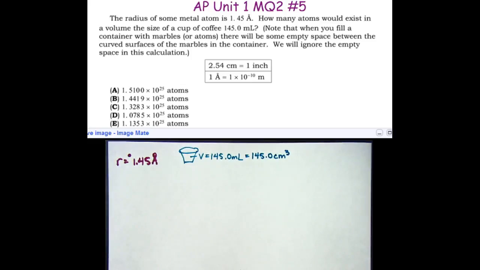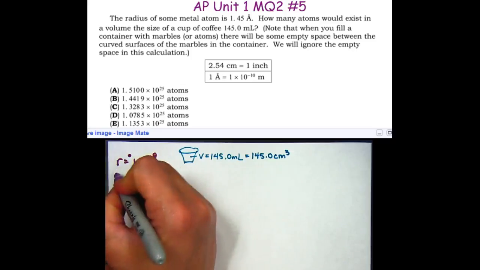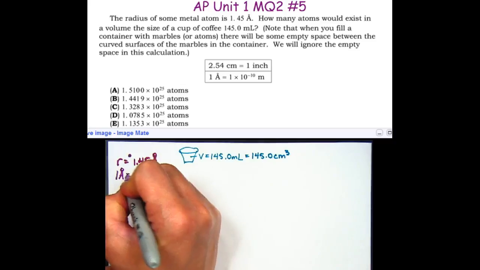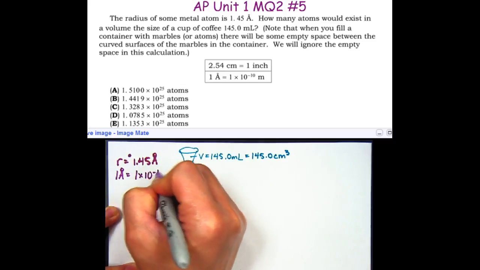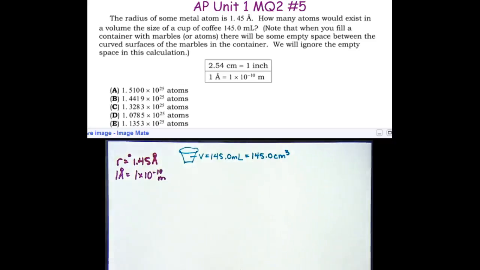calculate this since we know that for every 1 angstrom, there are 1 times 10 to the negative 10 meters. So it'll be better for us to deal in centimeters overall. So the first thing that I'm going to do is convert the radius of my metal atom from angstroms to centimeters.